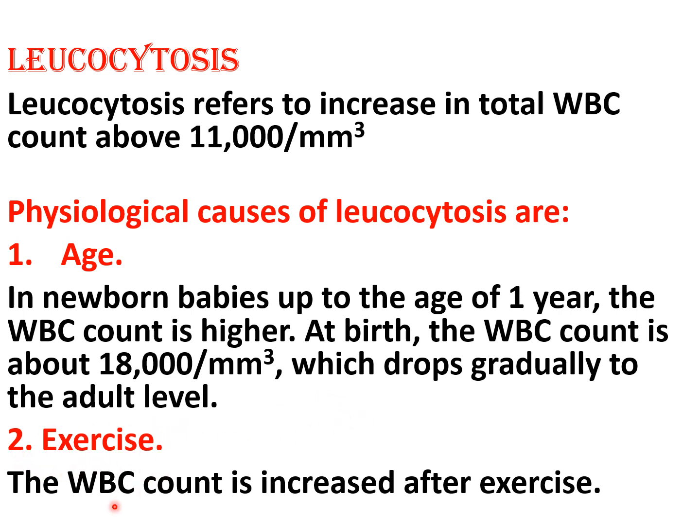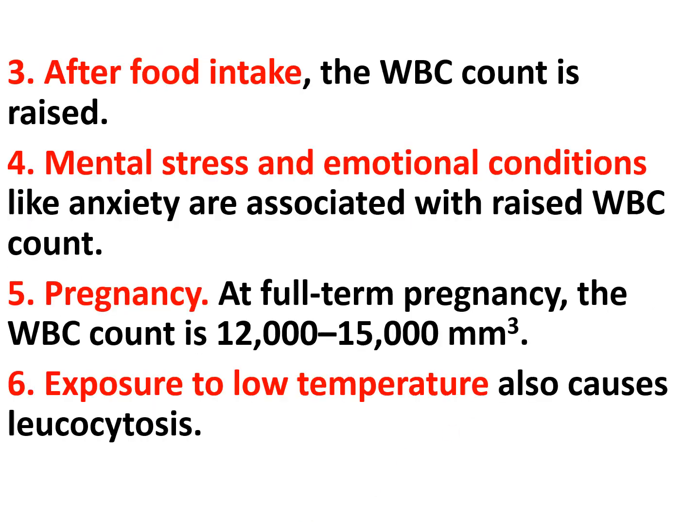Exercise: WBC count is increased after exercise. After food intake, the WBC count is raised. Mental stress and emotional conditions like anxiety are associated with increased WBC count. Then pregnancy: at full term pregnancy, the WBC count is increased up to 12,000 to 15,000 per mm cube. Exposure to low temperature also causes leukocytosis.